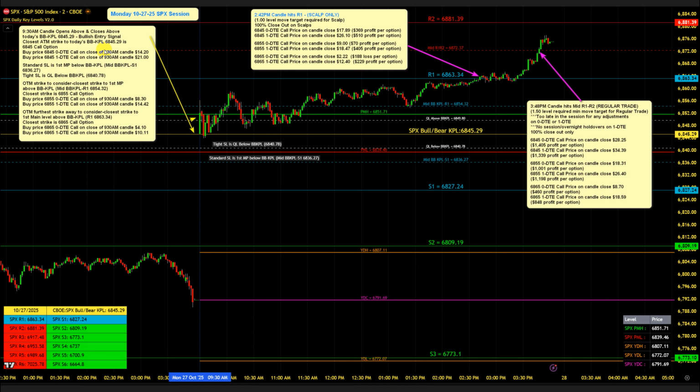Remember that the SPX index, the CBOE index, opens at 9:30 a.m. Eastern New York time and closes at 4 p.m. Eastern New York time.